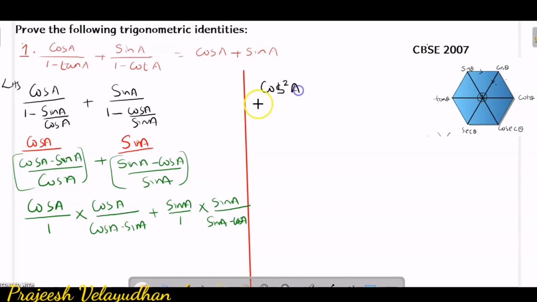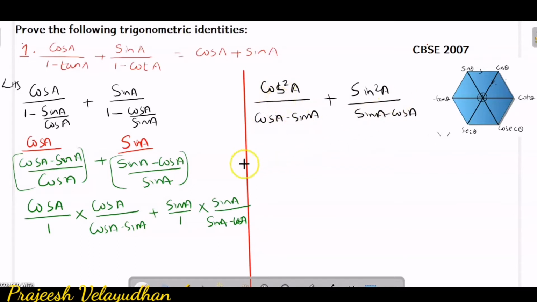Cos square A upon 1 into cos A minus sin A, we can write cos A minus sin A, plus sin A into sin A, we can rewrite as sin square A upon sin A minus cos A. Now you observe that in both denominators, one is cos A minus sin A, another is sin A minus cos A. If the denominators are the same, then addition is very easy, yes or no?